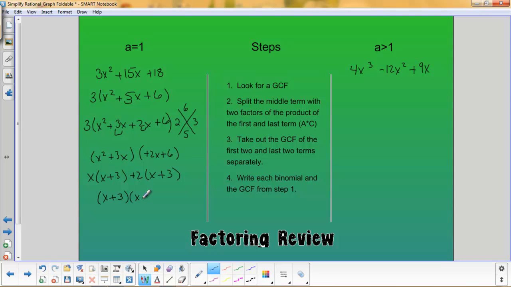And what's on the outside of parentheses is your second one. Don't forget the GCF from step 1, that is part of your factored form. Get into the habit of noticing a factor that will come out before you start factoring, because that makes your problem much simpler.